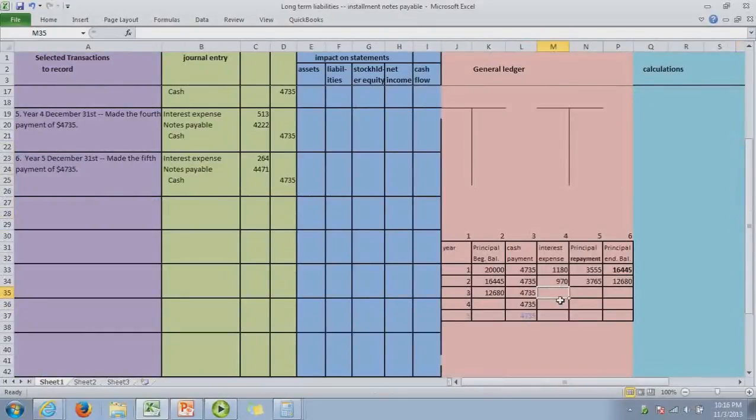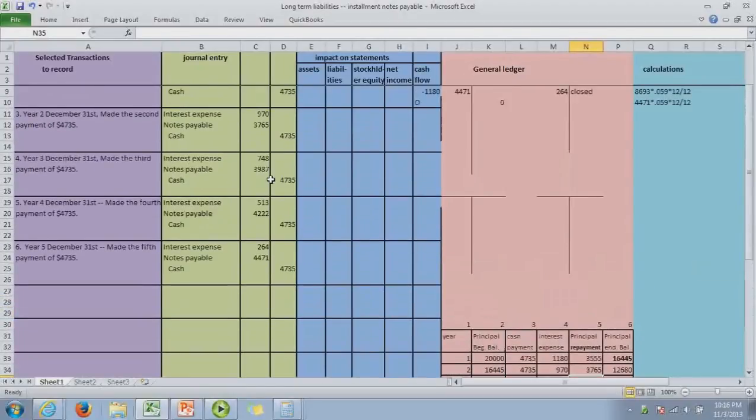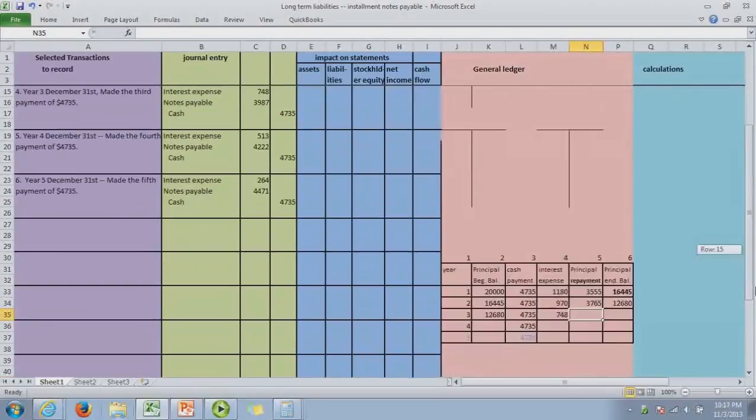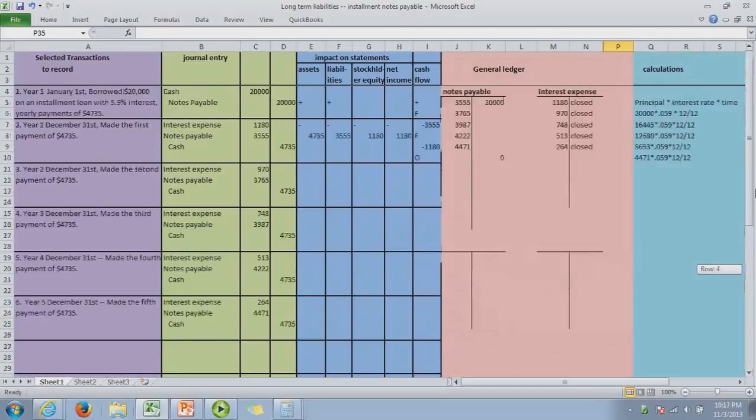748 is here, and then we take the cash payment minus the interest expense equals the principal amount, which we figured out to be 3987. And then column 1 minus column 5 equals column 6. So what's the remaining principal balance?